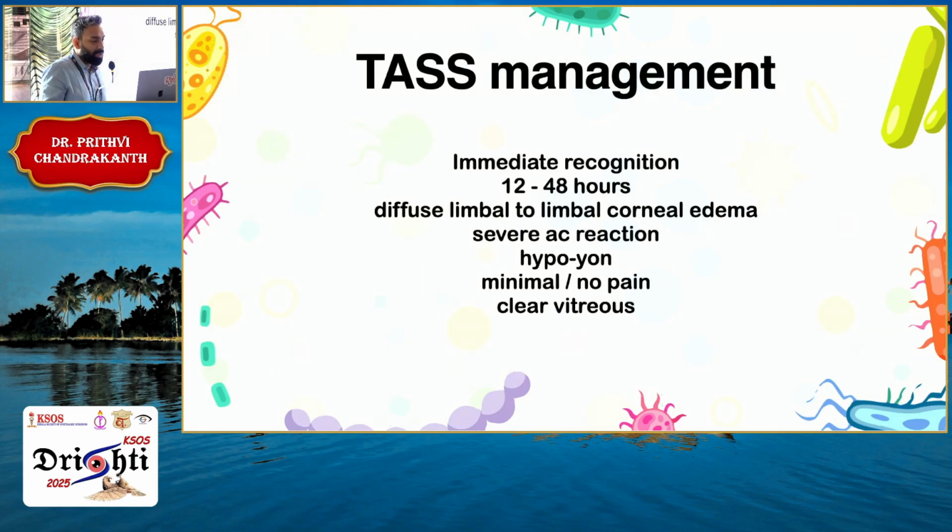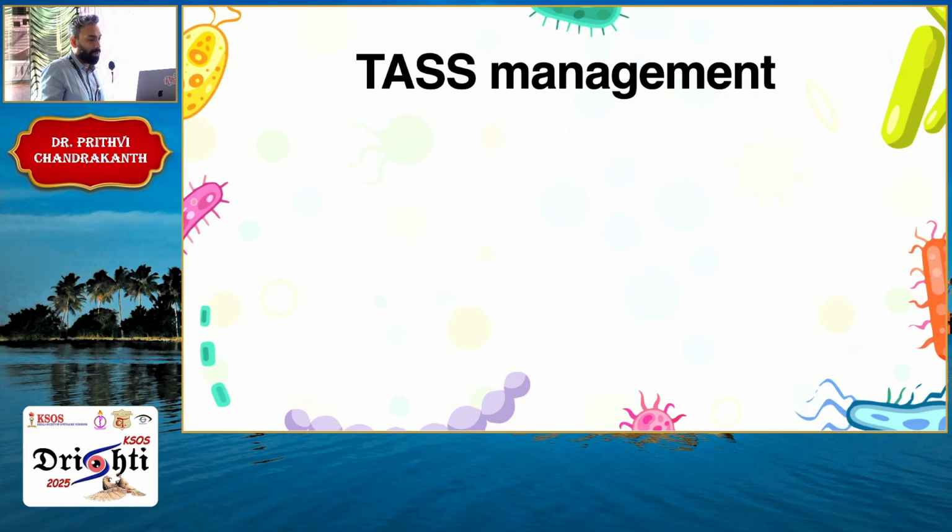So TASS management: immediate recognition needs to be done within 12 to 48 hours. That could be diffuse limbal to limbal corneal edema, severe AC reaction, hypopyon, minimal or no pain, and clear vitreous. That is one differentiating factor which we have to look out for.